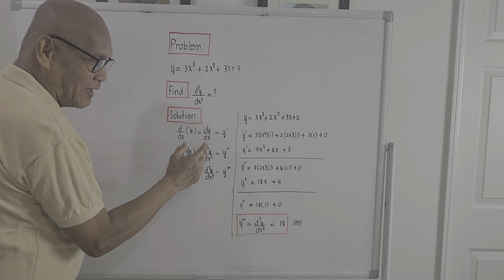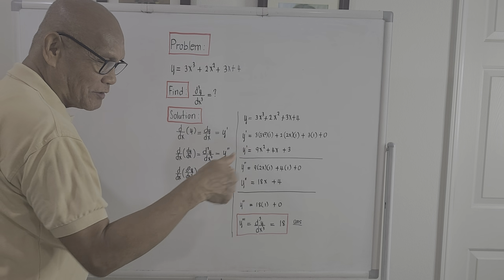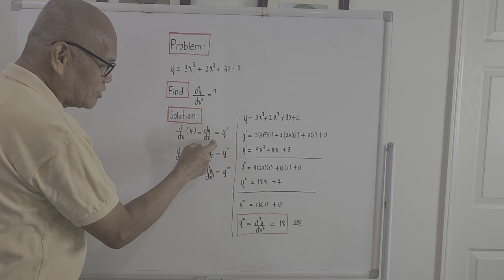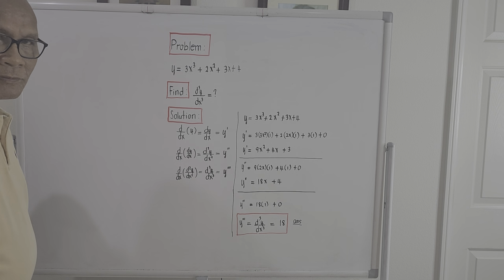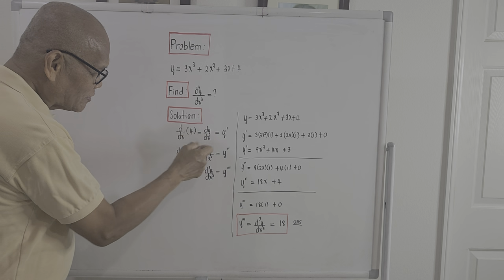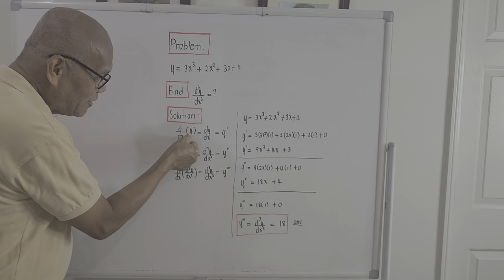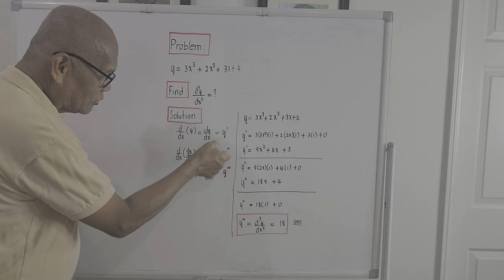The other equivalent under the study of higher order derivatives is designated y single prime. So we now know where dy dx emanates. It is the derivative with respect to x of any given function y, and that is equivalent to y prime.